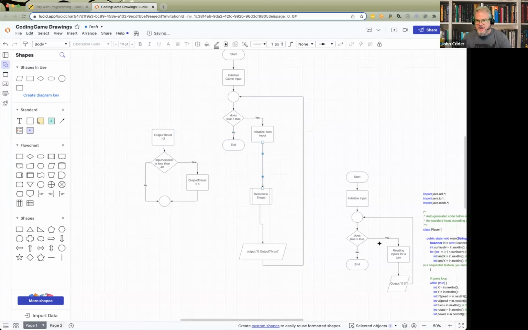The idea being I can make this flowchart look a lot like this one and then offset this other bit. I would technically need another thing like here too.